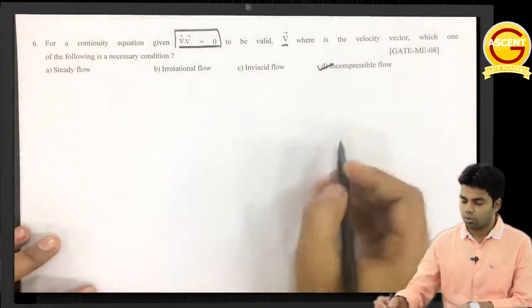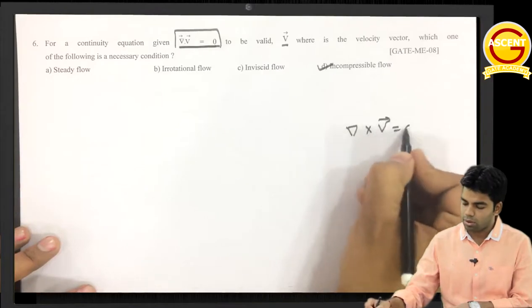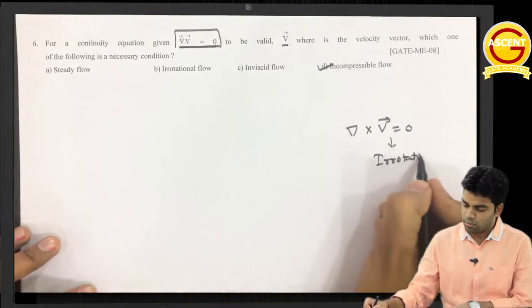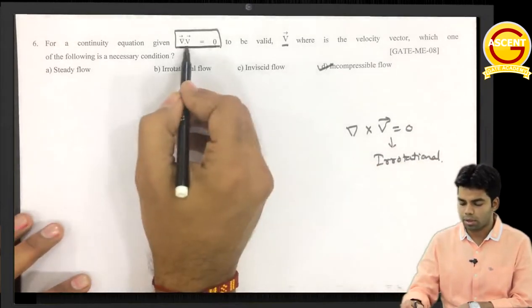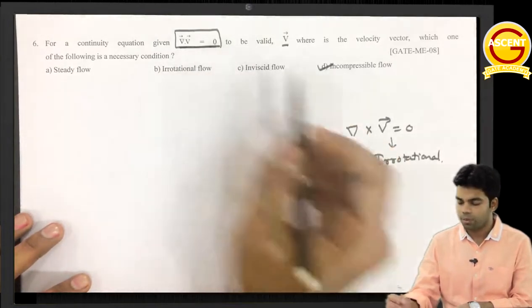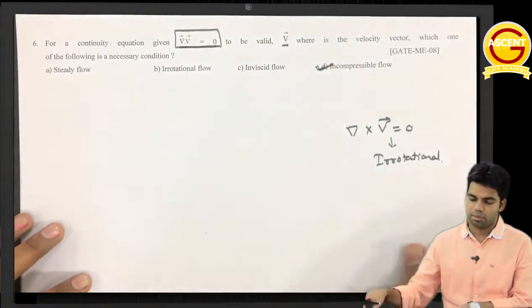And one more thing I told you, when the curl of this velocity vector is equal to 0, then this is an irrotational flow. So just remember this and don't get confused. When dot product is equal to 0, then it is incompressible flow, and when cross product is 0, then it is irrotational flow. So answer here is incompressible flow.